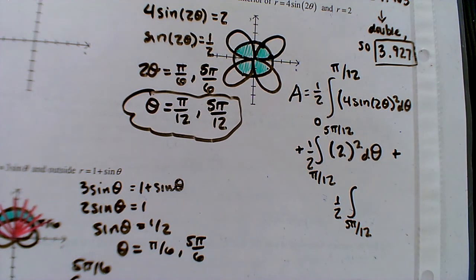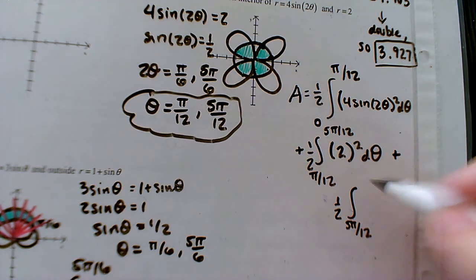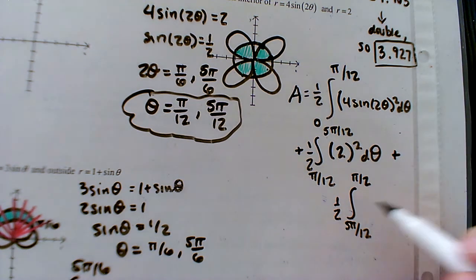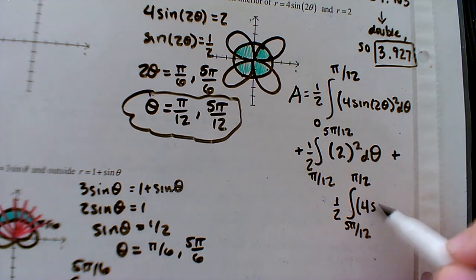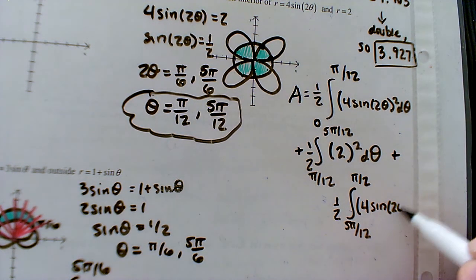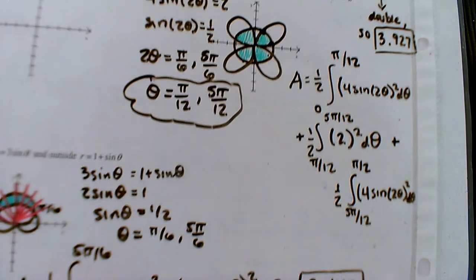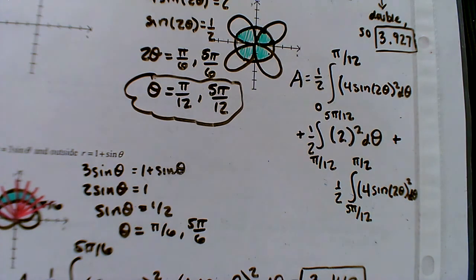And then we eventually got back to the pole, so we were done working in the first quadrant. The first quadrant ends at a pi over 2 value. And we were looking at the petal in that last portion, so we'll have to use the 4 sine of 2 theta function. Okay, so it's a bunch of calculus and integrals, but it's calculator work for you to type it in. So go ahead and take the time to type in those 3 integrals.